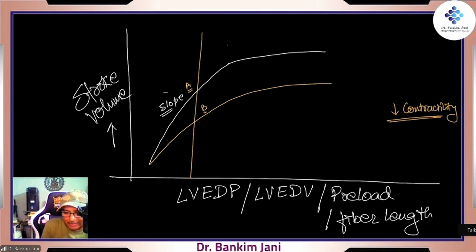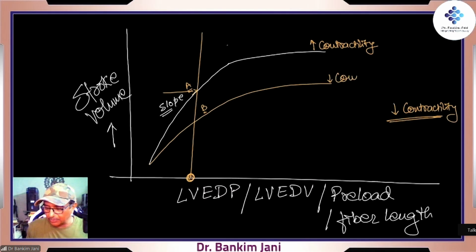Stroke volume is higher on A, because with the same amount of diastolic filling, the stroke volume is higher in A. And we saw that the higher the stroke volume, the higher the contractility, because the blood has stretched the ventricle and then it has contracted. So this means A is with increased contractility, because it will go fast. And this one would be the decreased contractility.